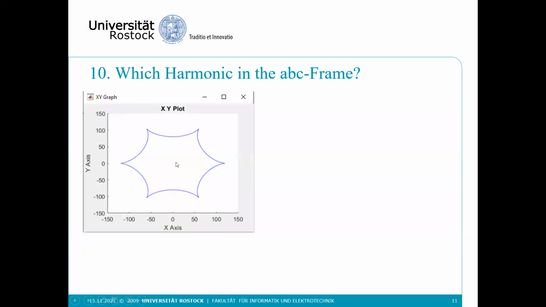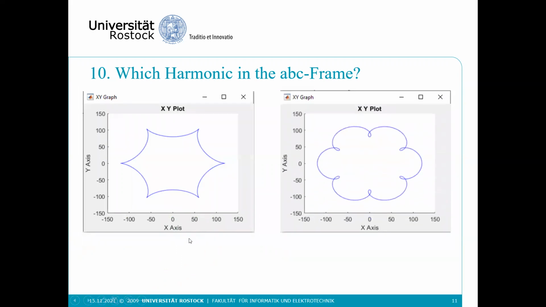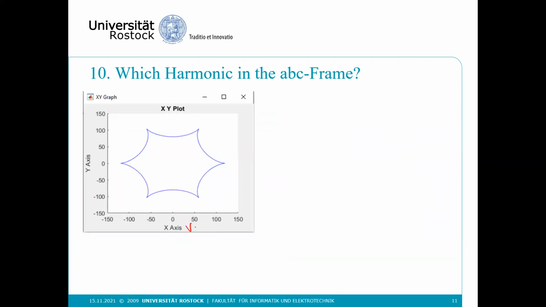Which harmonic, sorry, which harmonics in the ABC frame? This is your V alpha, this is your V beta. It is fifth harmonic.